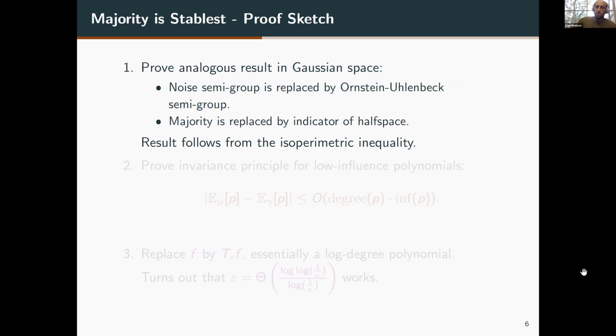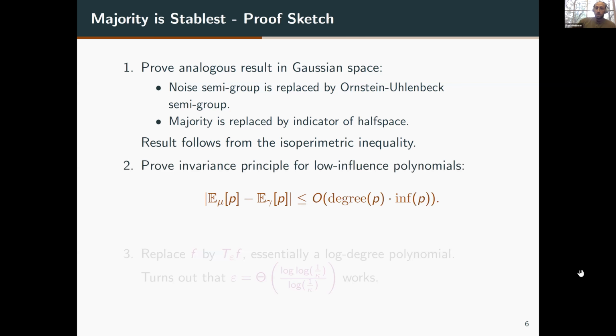So what they proved was an invariance principle for low influence and low degree polynomials, which basically says that if you measure a polynomial on the discrete hypercube, the expectation looks exactly the same as if you would measure the same polynomial in Gaussian space.